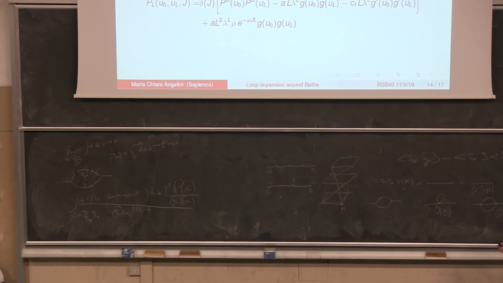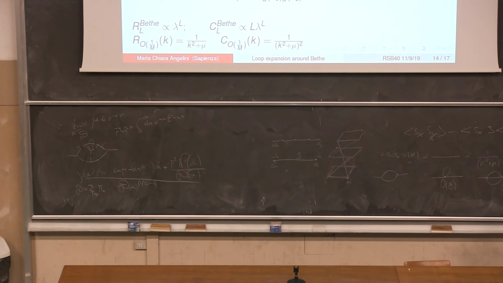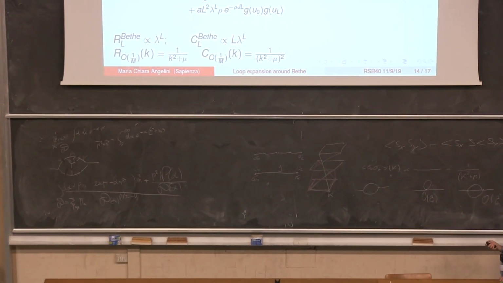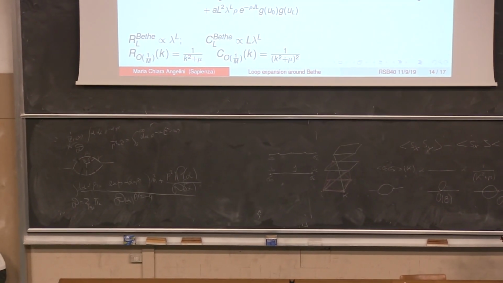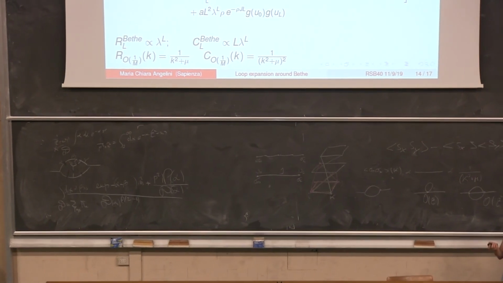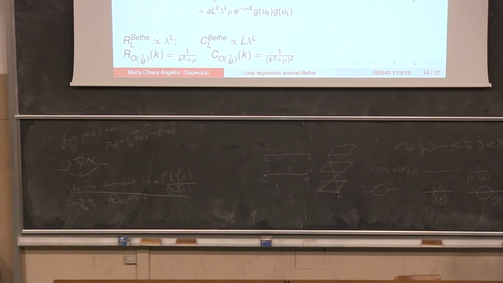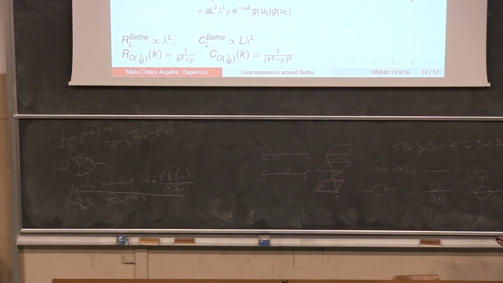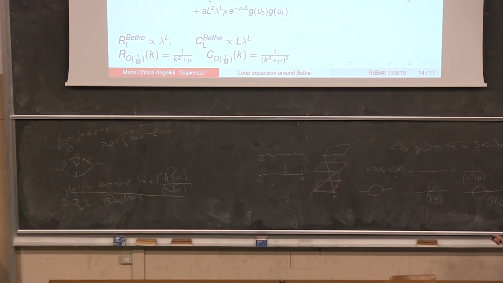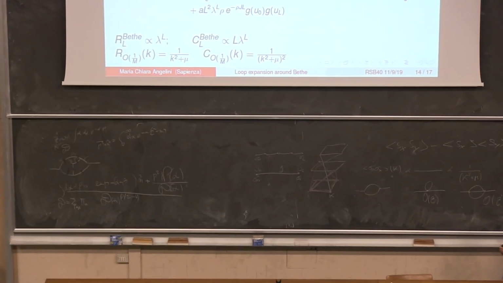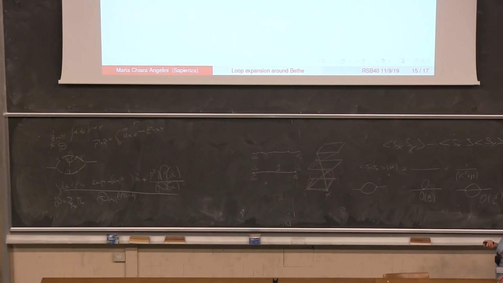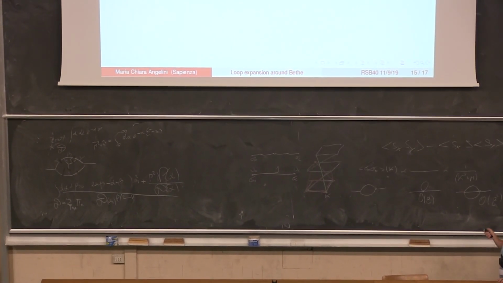Okay, so you have an ansatz, you can compute your Bethe propagators, and you obtain exactly, for the connected correlation function, the Bethe propagator of the usual Ginzburg-Landau expansion, and for the disconnected correlation, the double pole. Okay, so far so good. What about this loop?